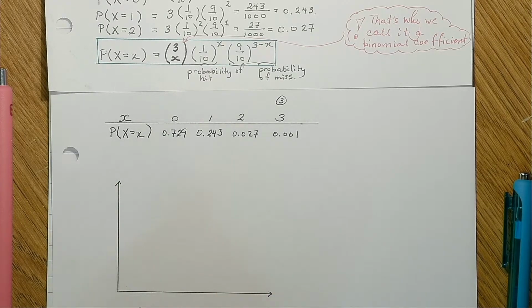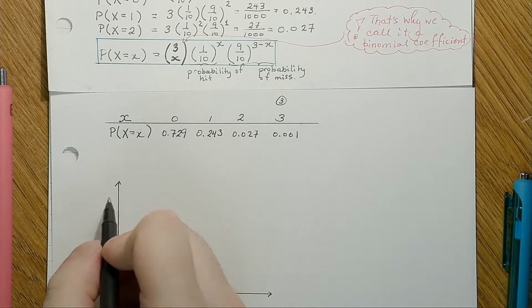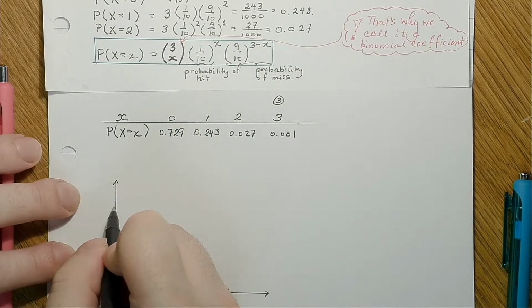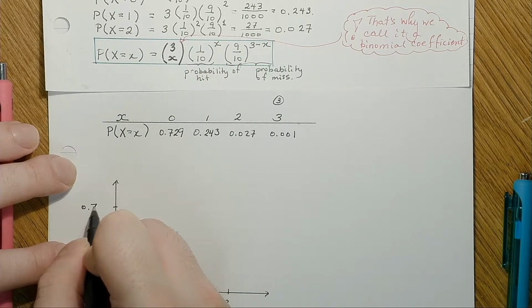So something like, we'll have 0, 1, 2, up to 3. So somewhere up here is 0.729.